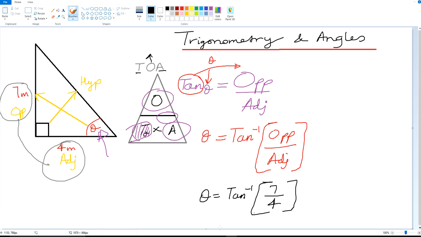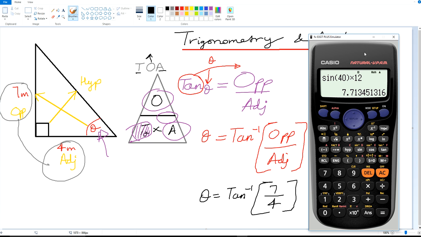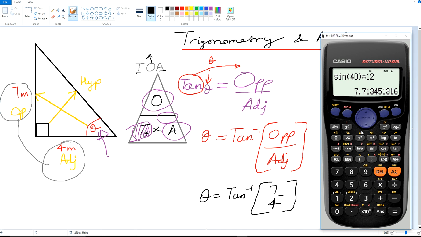So now we need to grab our trusty calculator, our little friend here, Casio. You press Shift tan, and that brings up the inverse tan, tan -1. Now you've got a fraction here, so let's press the fraction button. So we type in the 7, you press replay, and we type in the 4.